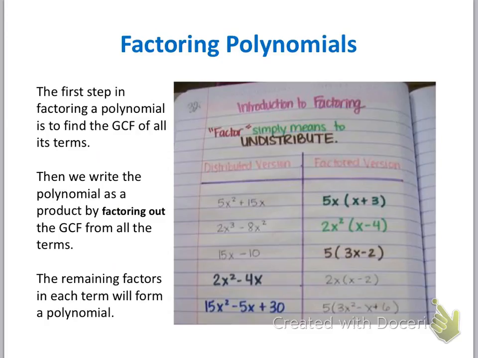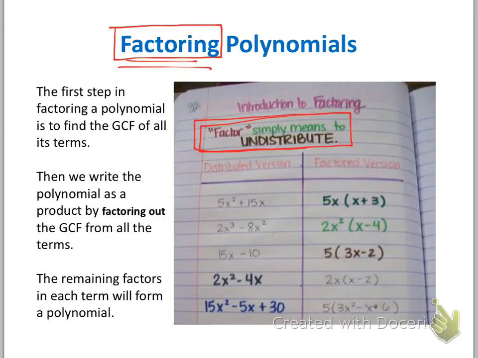All right. So let's move on to the second half of our goal today, factoring. Remember the goal was to use the GCF to factor. Factoring simply means to distribute. It's doing the distributive property backwards. It's the opposite of distributing. So the first step, anytime we're asked to factor, will be to find the GCF of its terms.